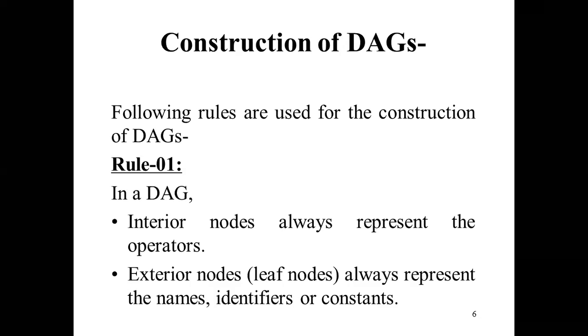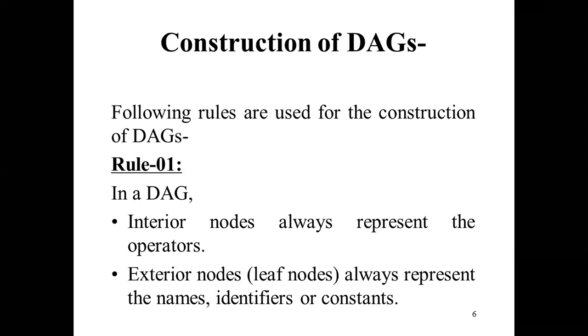Second, exterior nodes, meaning leaf nodes, always represent named identifiers or constants. So remember rule number one: interior nodes represent the operators. Whenever we handle our expression, the interior nodes will contain only operator symbols.